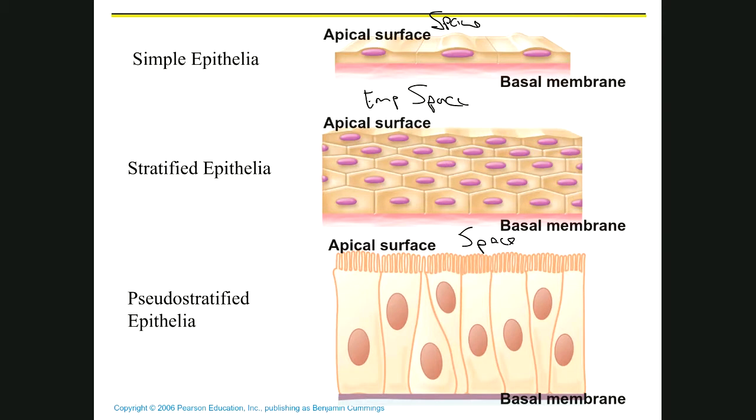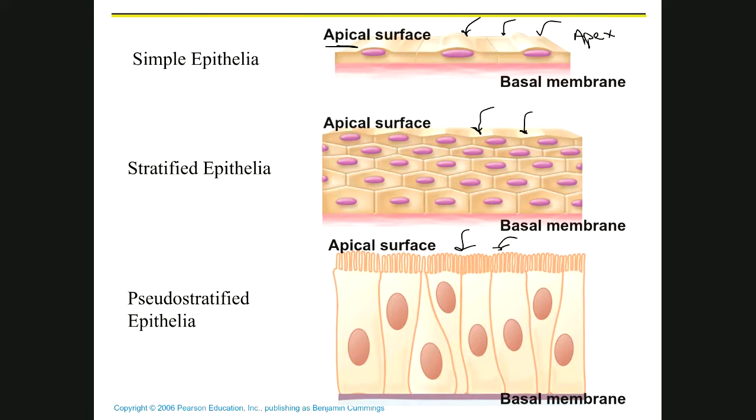Or it could have some sort of component in it, but it's space. And so the top of the cell that's facing the space, the word for top is apex. So this is called the apical surface. And here, there's our apical surface, the top. And here's our apical surface, the top.